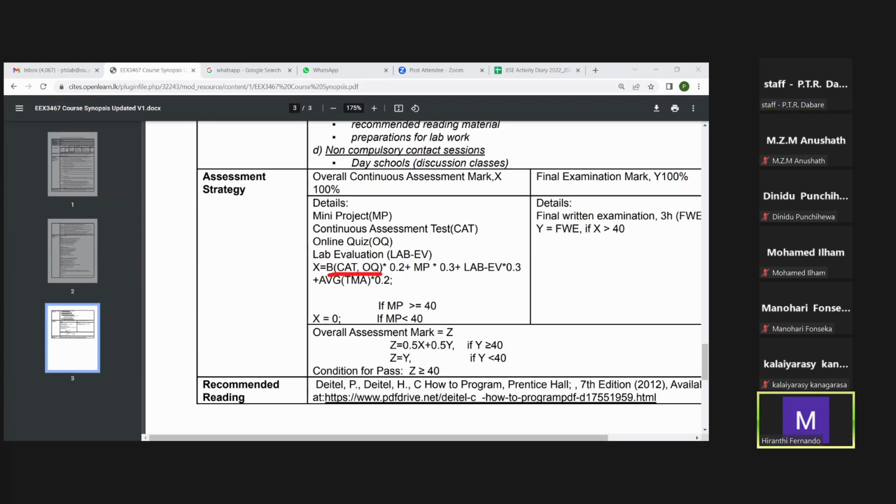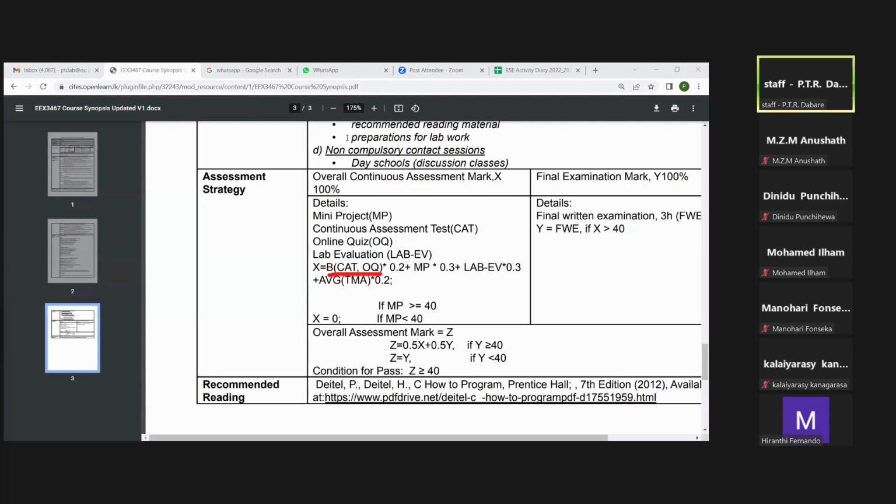Excuse me, madam. What is the place of the Colombo Center? I'm not quite sure, Hiranti. When you come to the center, they will display it, because it depends on the availability of the center, as there are so many activities going on for other faculties also.